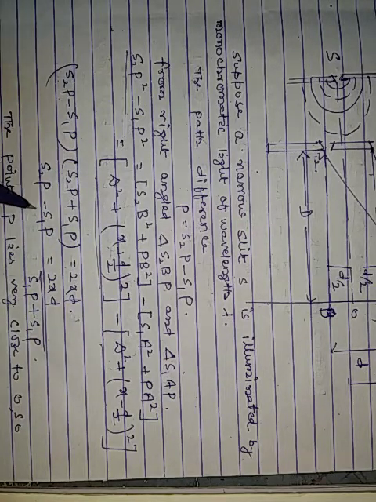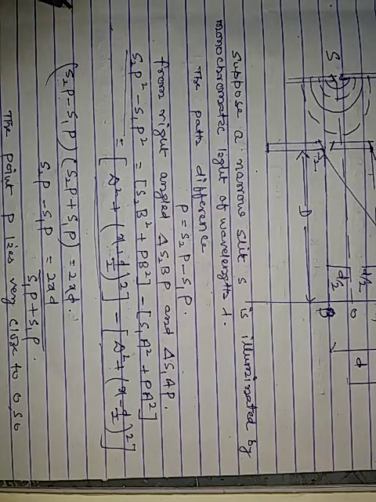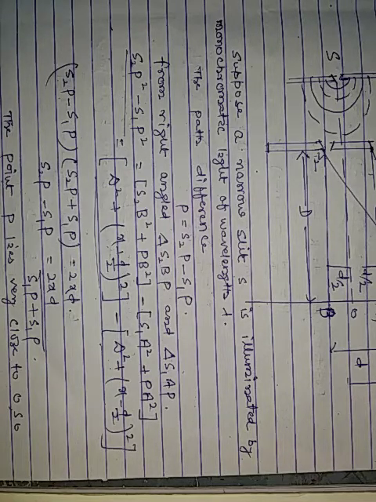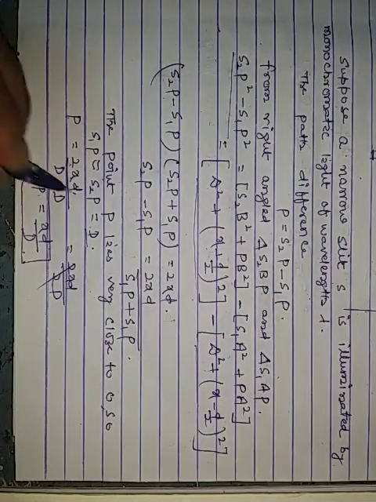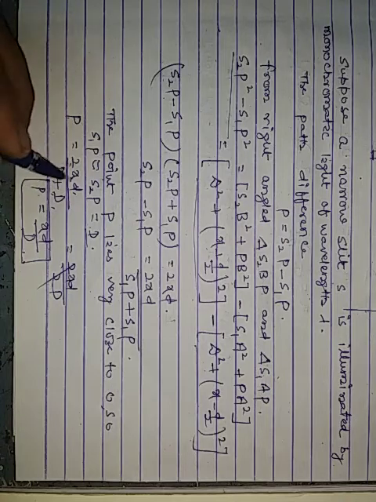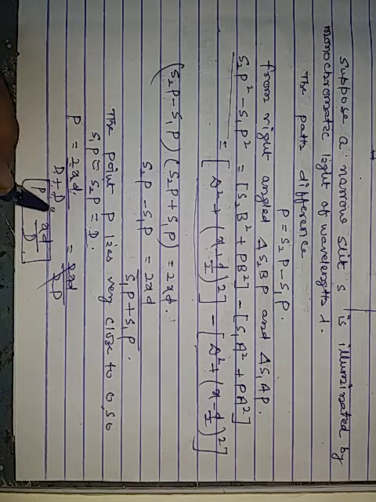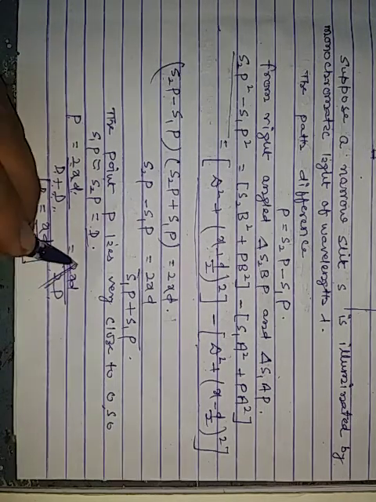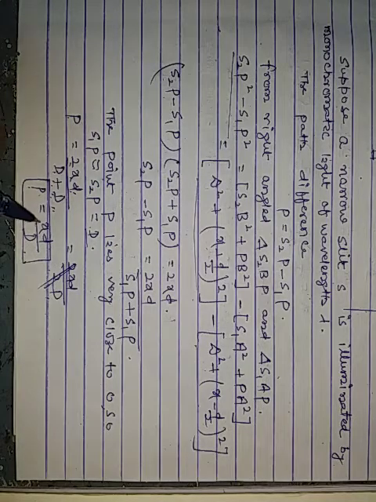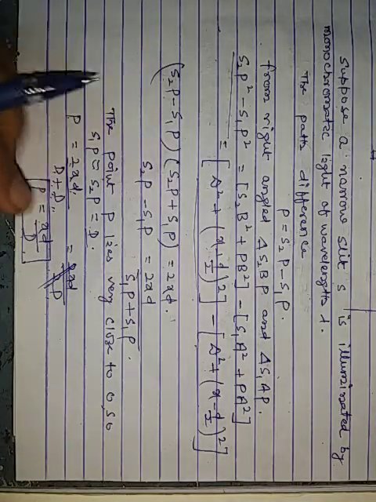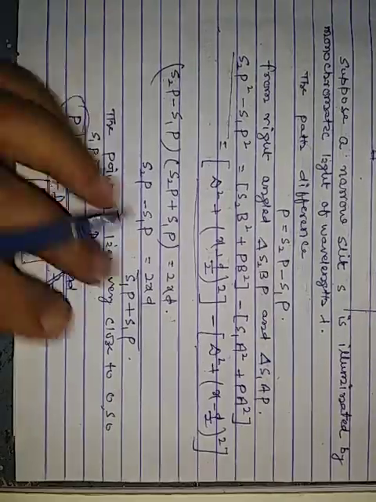So S2P minus S1P is equal to 2xd by (S2P plus S1P). The point P is very close to A, so S2P is equal to S1P, we write D. So p is equal to 2xd by (D plus D), which is 2D, we cancel 2 by 2, so p is equal to xd by D, where p is the path difference.